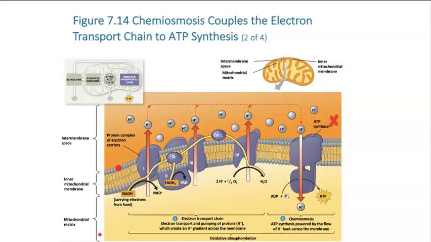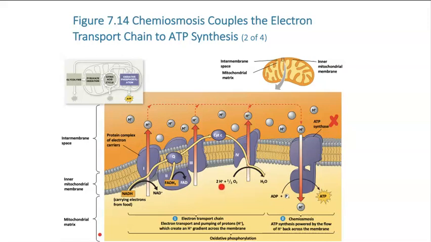Very important. As electrons are passed down through the series of proteins in the electron transport chain, they are going to pump protons up into the intermembrane space. These transmembrane proteins are the ones that are doing the pumping. So we're pumping these protons against their concentration gradient, and they are very, very concentrated in the intermembrane space.